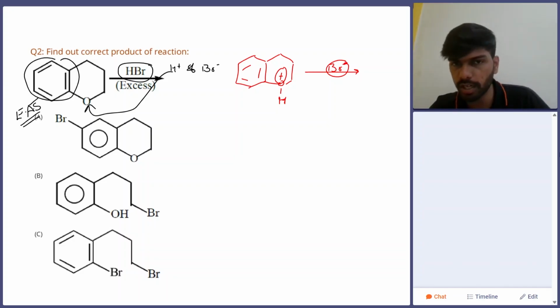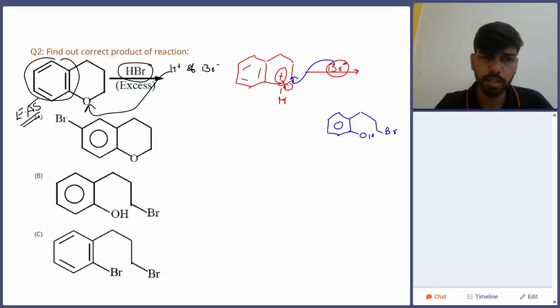As oxygen takes the electron from this carbon, Br minus will attack on this carbon. So when it attacks, our product looks like OH, Br.